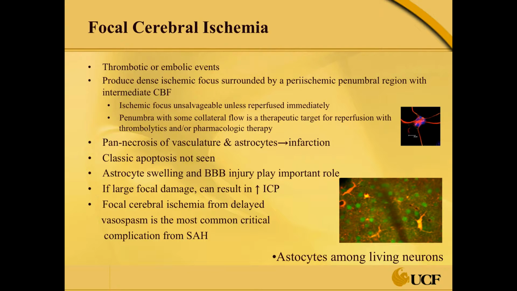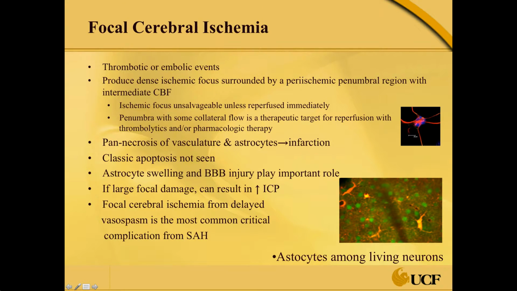Focal cerebral ischemia from delayed vasospasm is the most common critical complication from a subarachnoid hemorrhage. Okay, so this is a really good explanation here of how a bleeding event, right, so subarachnoid hemorrhage, can end up leading to severe focal cerebral ischemia. And that's because these patients will get a delayed vasospasm.